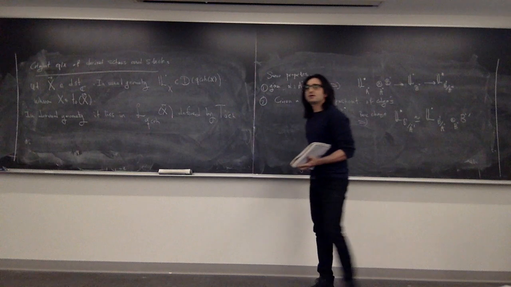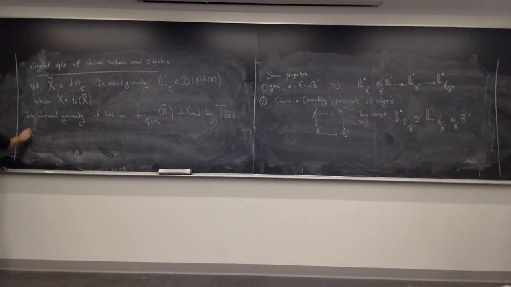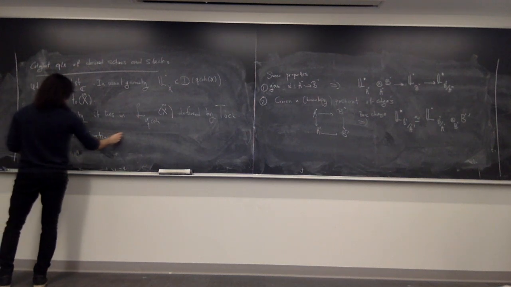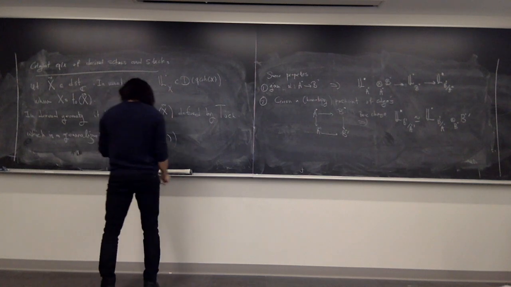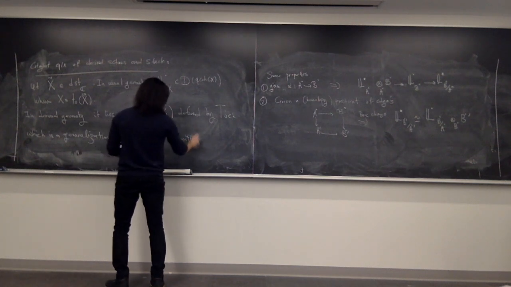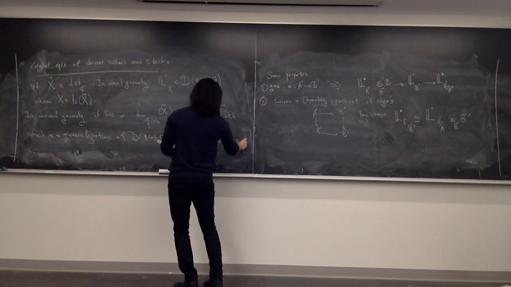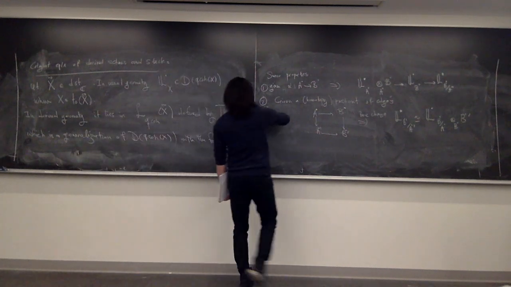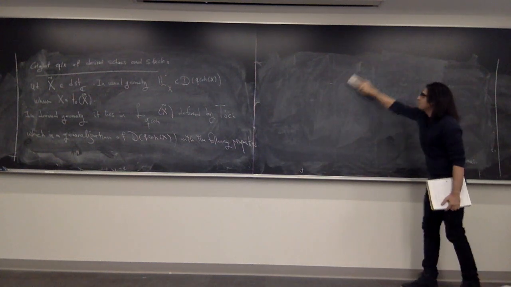So let me say some things about this derived category. This is a generalization of the derived category of quasi-coherent sheaves on X with the following properties. What are the properties of this? Almost everything carries over.